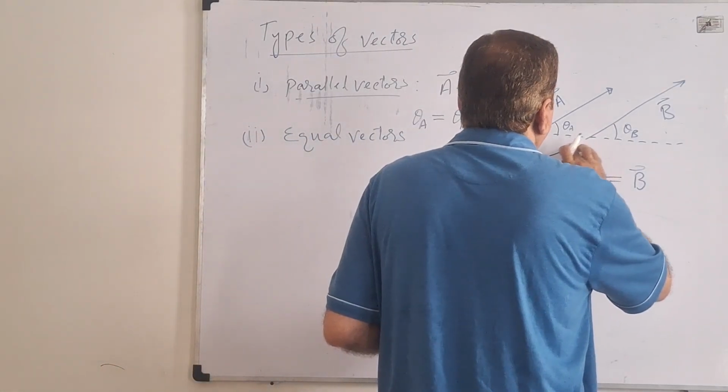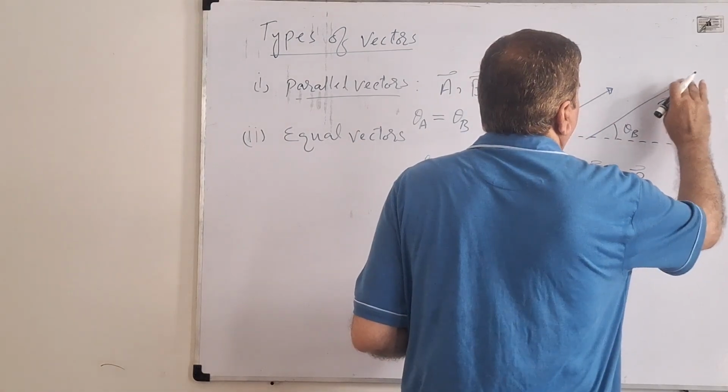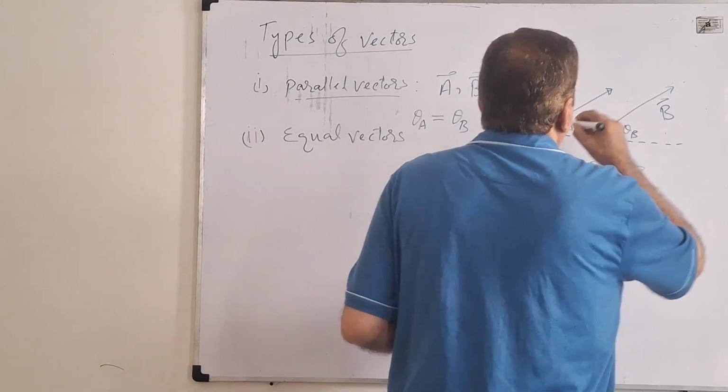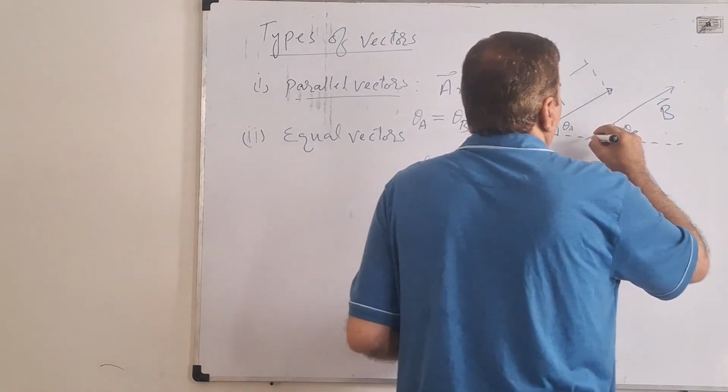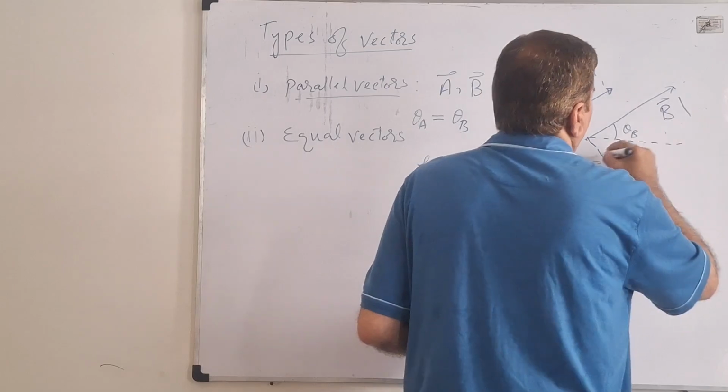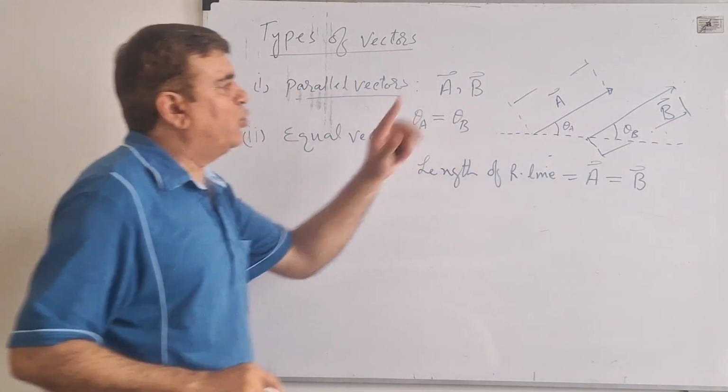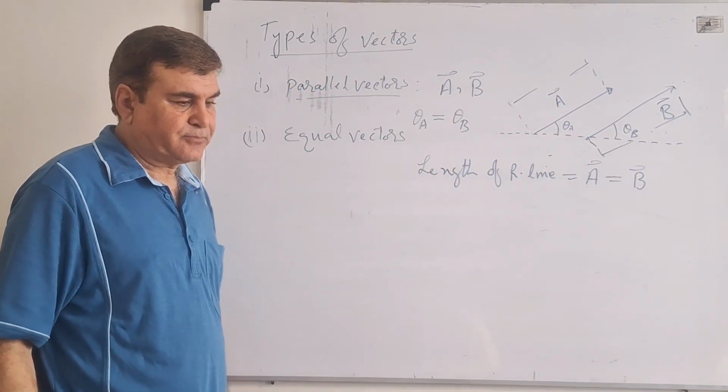In order to make them the same, B should be of magnitude like this much. That is, this length is exactly equal to this length. When that's the case, we say these two vectors are equal.